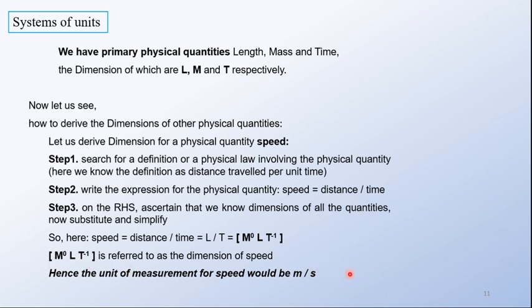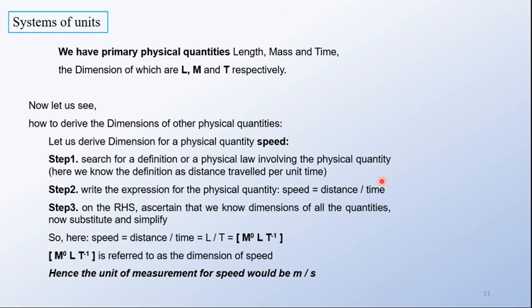So like this, any physical quantity if you take, we should be able to derive the dimension. So step number 1, you should try to involve it with physical law or expression. Then write the expression for the physical quantity.